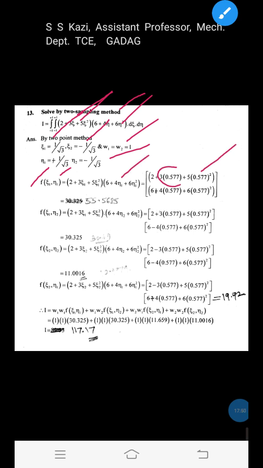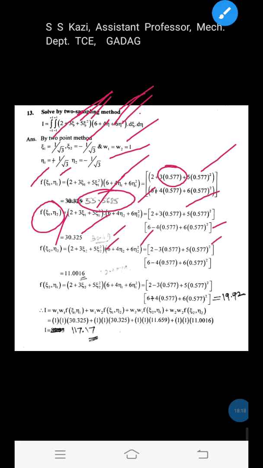1 by root 3 is nothing but 0.577, and we will get 55.5685. For f of zeta 1 eta 2, replace zeta by zeta 1 and eta by eta 2, and we will get 30.19. After that f of zeta 2 eta 2, you replace zeta by zeta 2 and eta by eta 2, and we will get 11.